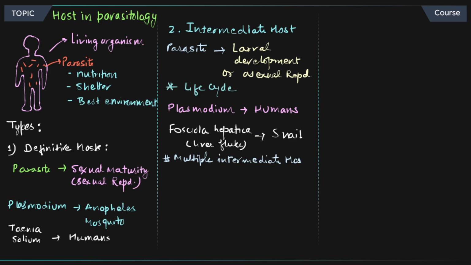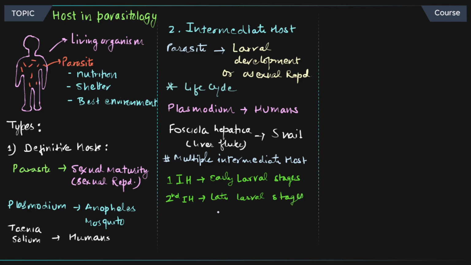In the first intermediate host, IH, early larval development will be completed, and the late larval development will happen in the second intermediate host. Late larval stages will be completed in this particular host.